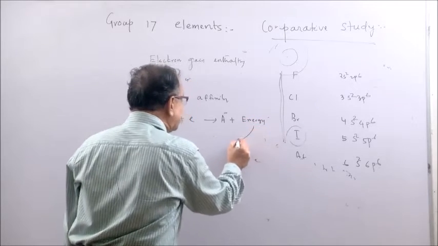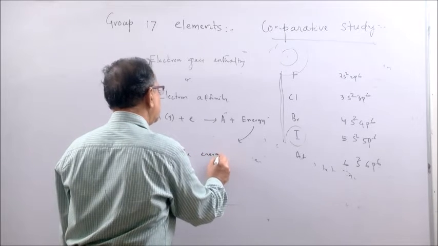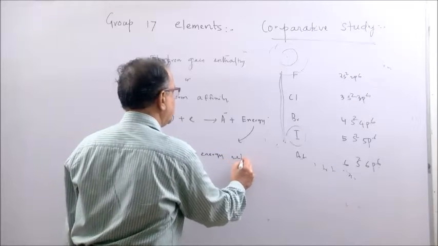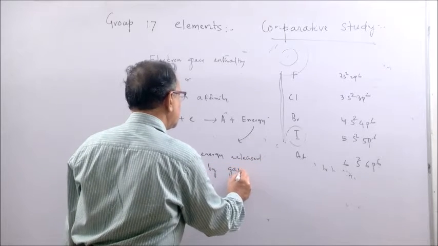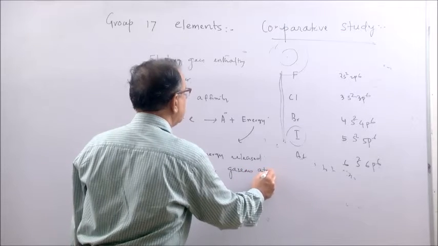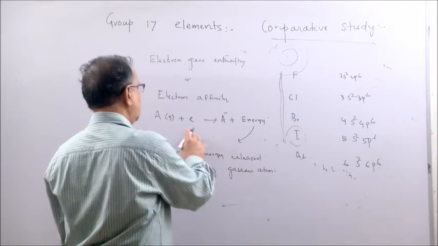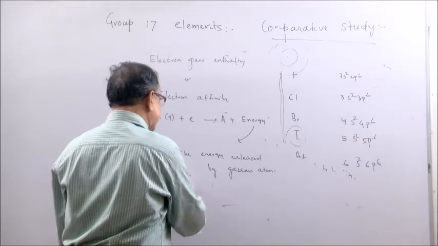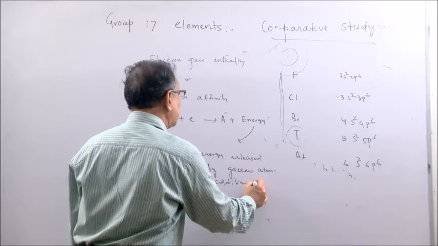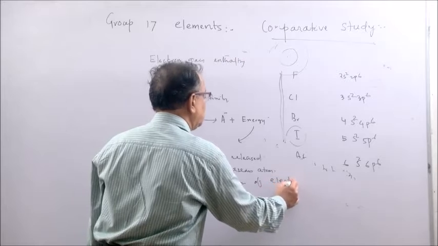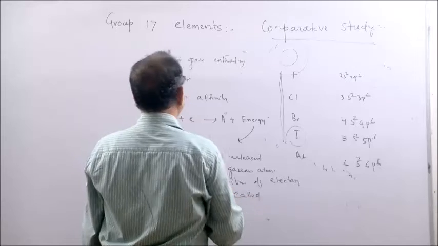So the energy released by a gaseous atom by the addition of one electron, by gain of an electron, is called electron gain enthalpy.